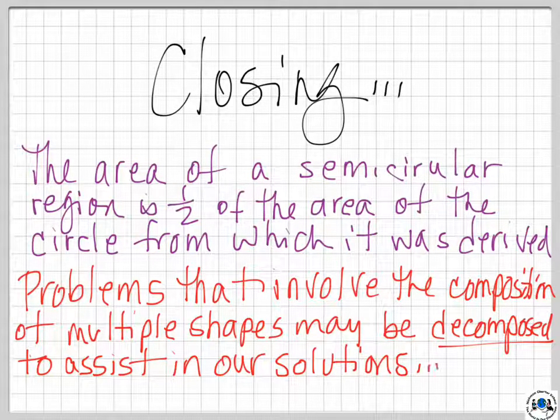That decomposition can take several forms, as long as we are decomposing the shape into shapes with which we know how to work. We know how to work with rectangles, squares, semicircles, quarter circles. If we decompose them in that way, we can find the area of the various parts, add those together, or in some cases subtract them away like we did in the last exercise to come up with our final solution.